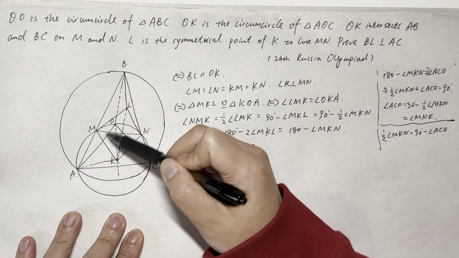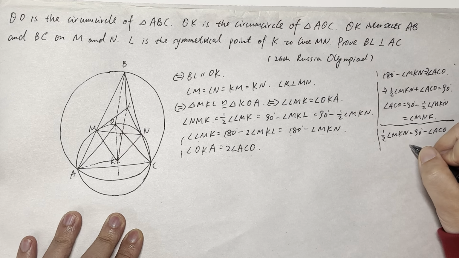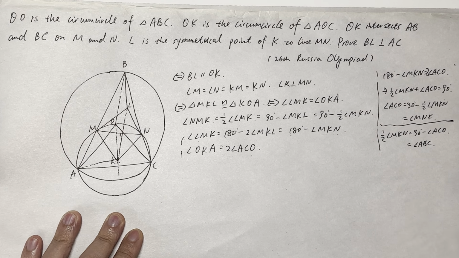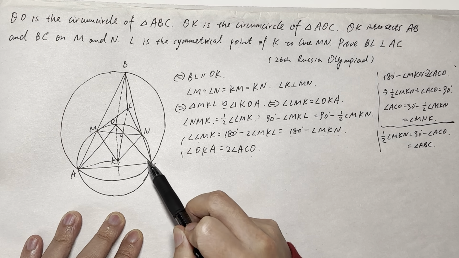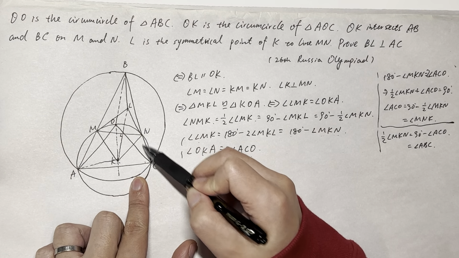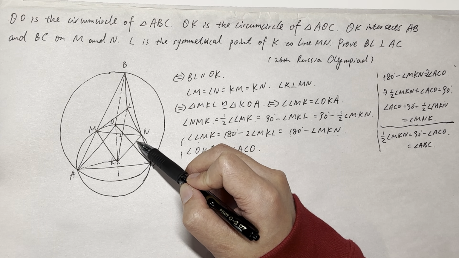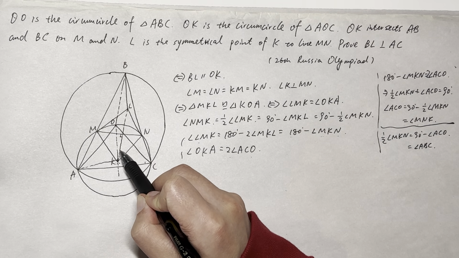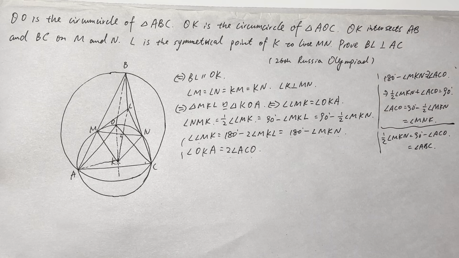This is half of angle AOC, which equals angle ABC. In other words, we want to prove that angle ACO, this one, equals angle MNK, or we want to prove half of angle MKN equals angle ABC, either way.